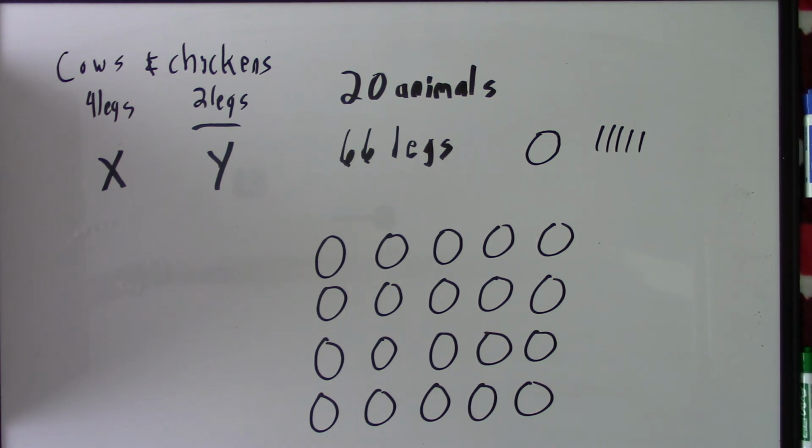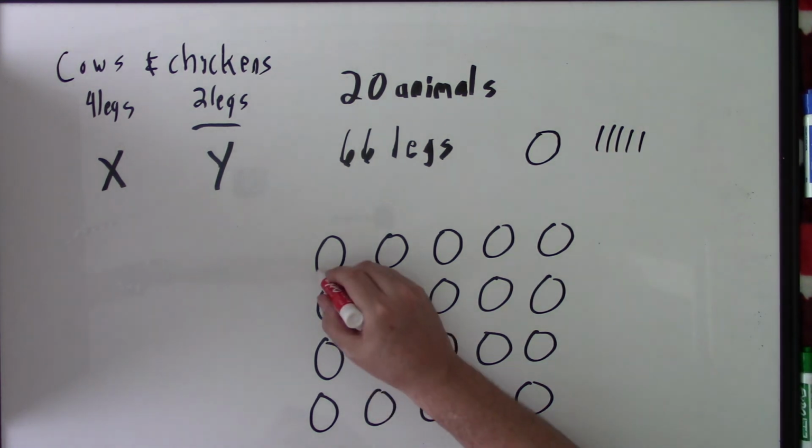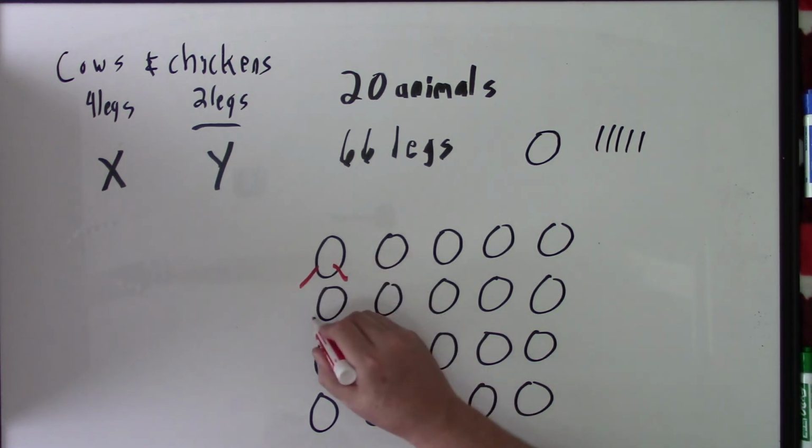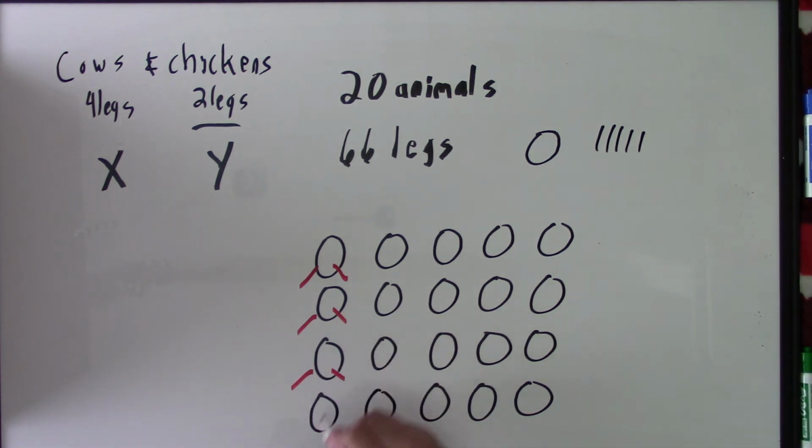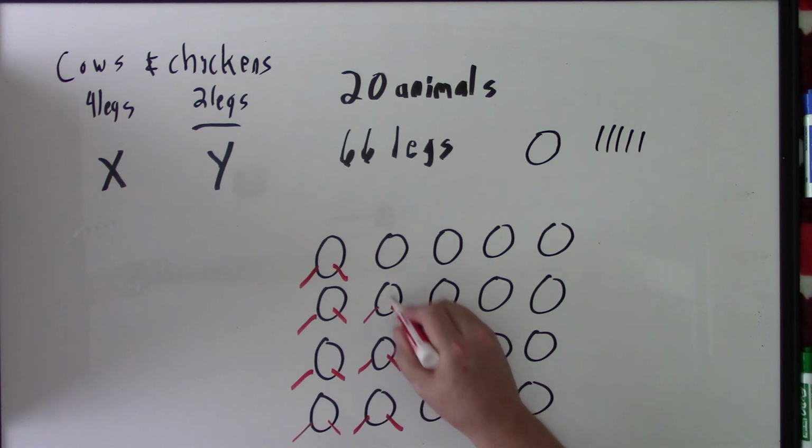So, now I have my 20 animals, and I'll give each kid or group of kids 20 styrofoam balls and 66 toothpicks. So you start putting toothpicks into the styrofoam balls.